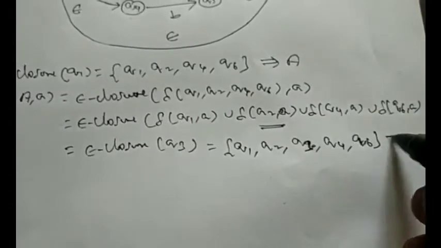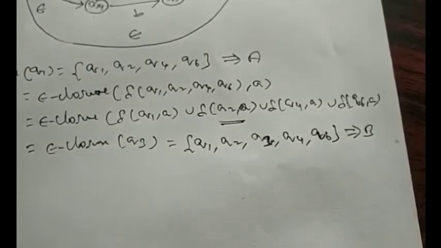So name this state as B here. So when I apply a in A, you are getting a new state called B. But now I have applied only a here, so now I have to apply b.